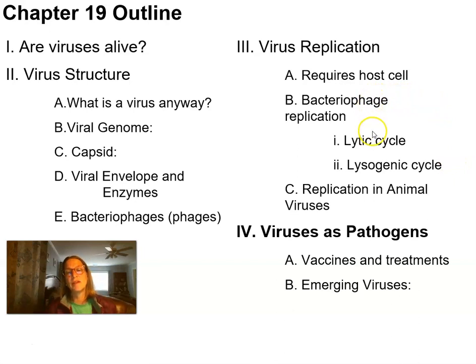And then we did spend a little bit of time on the animal viruses and how those typically have a viral membrane and RNA, which makes them in some ways a little bit more complicated, but they don't have the two lytic and lysogenic cycles. Most of the viruses that we are familiar with are RNA viruses with viral envelopes. So we're going to talk now about viruses as pathogens.